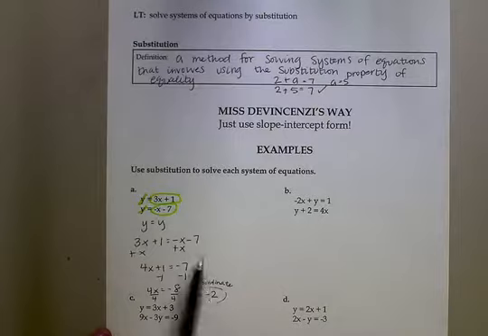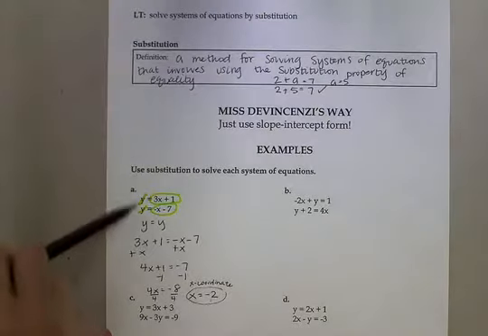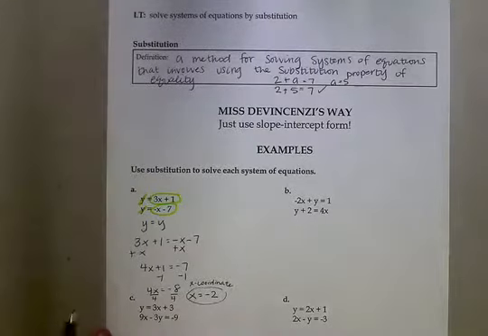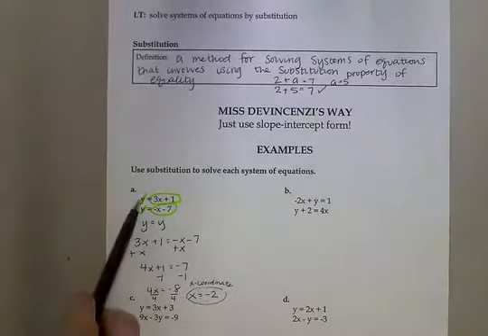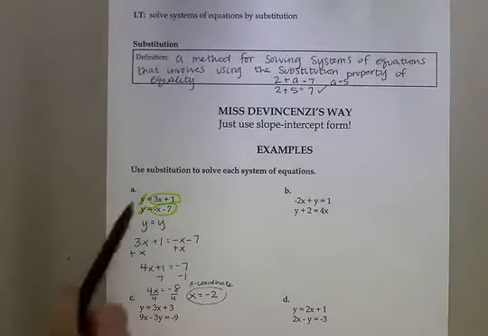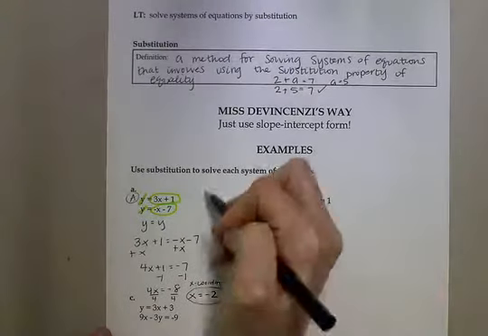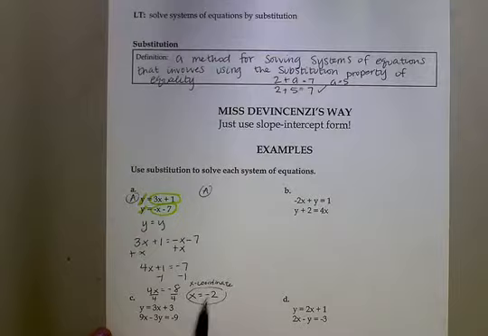Now we could substitute our value for x back into either one of these equations to find our y-coordinate. It doesn't matter which equation you choose because at that solution point, the x-coordinates in both equations are equal and the y-coordinates in both equations are equal because it's a shared point. So let's take our x equals -2 and plug it back into our first equation. We're going to substitute it in for the x since we know it's equal to -2.